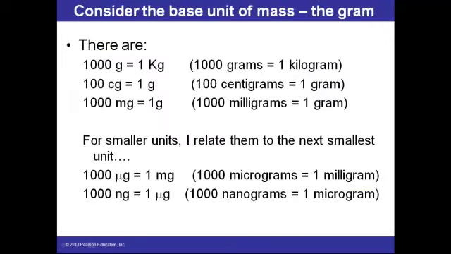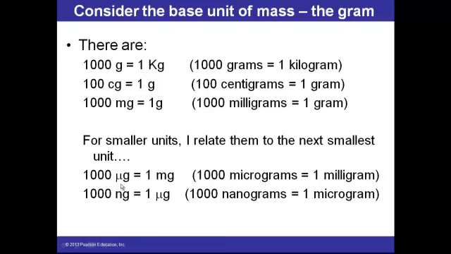Okay, so I like looking at the metric system with these kind of conversions. So stating that there's 1,000 grams in a kilogram, 100 centigrams in a gram, or 1,000 milligrams in a gram. And then for even smaller units, I tend to relate them to the next smallest unit. And you'll notice a common theme with the metric system is that it's typically based on orders of magnitude of 1,000-fold.